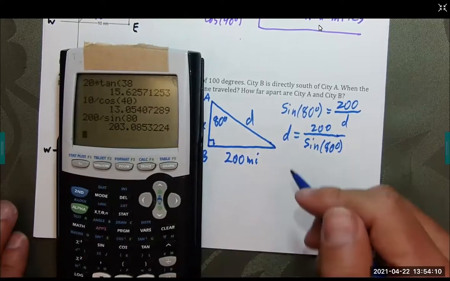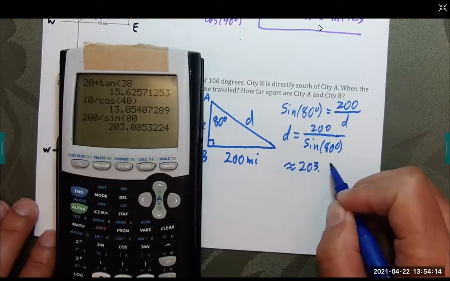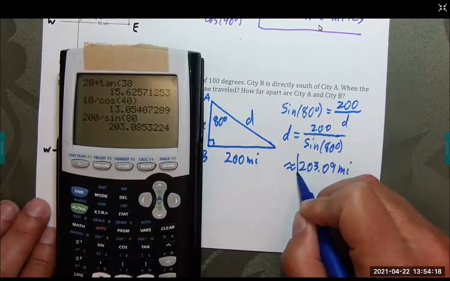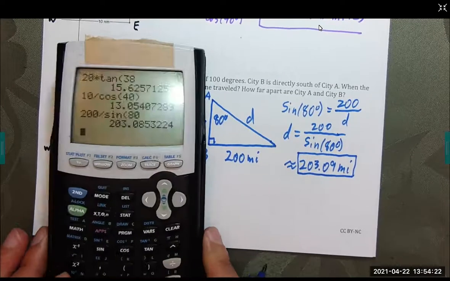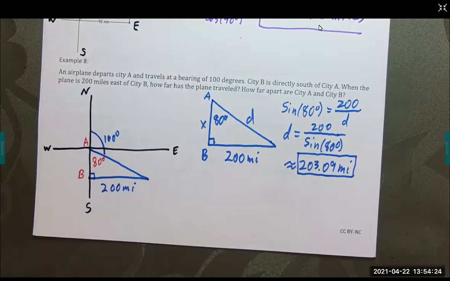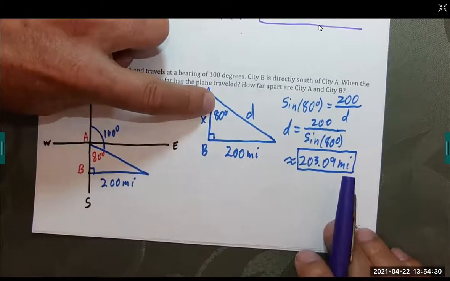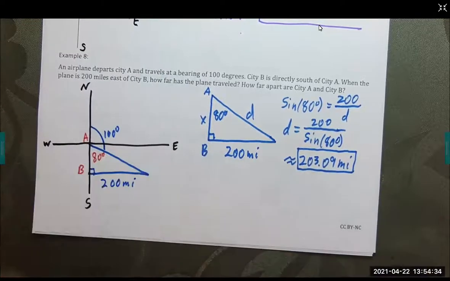That gives us about 203.09 miles. Last up is they want to know the distance between cities A and B. Relative to the 80 degrees, that is the adjacent and the opposite, that's tangent.